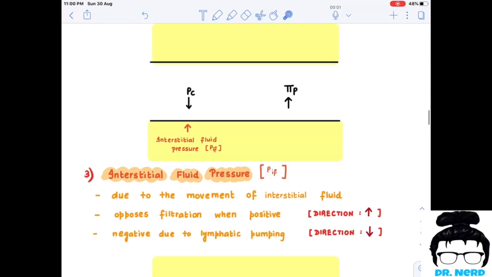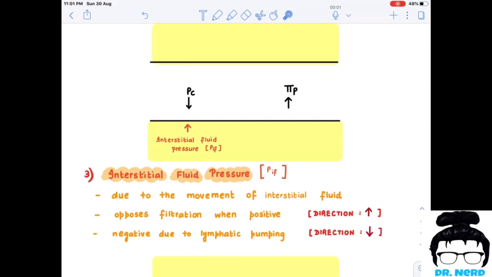Finally, we have the interstitial fluid pressure. This pressure is similar to capillary hydrostatic pressure. Why? Because it is also due to the movement of fluid. As you can see the direction, this direction is not the same. The interstitial fluid pressure can either be positive or negative.